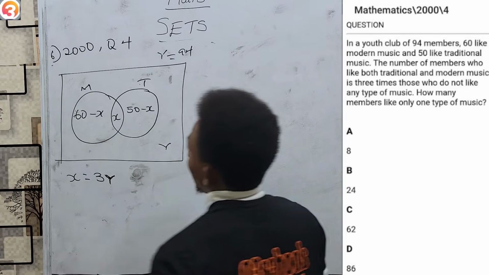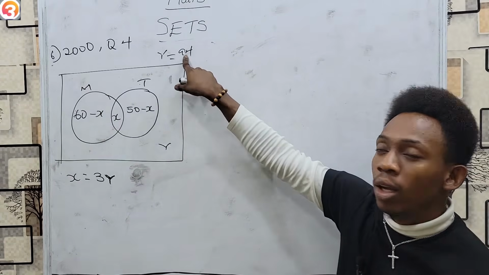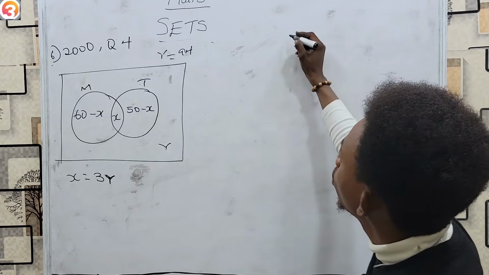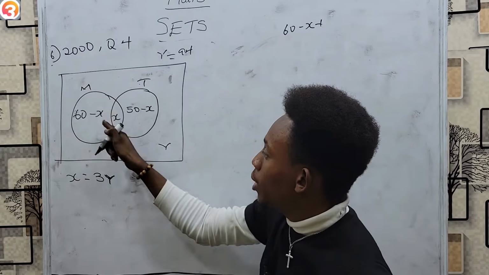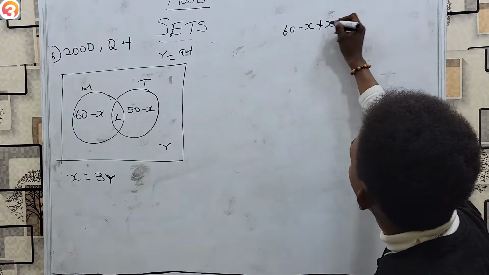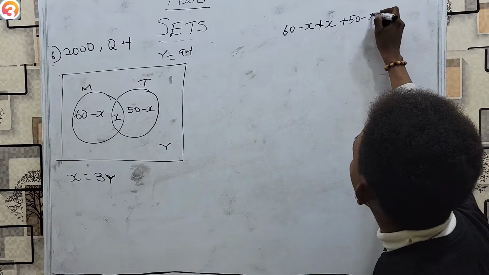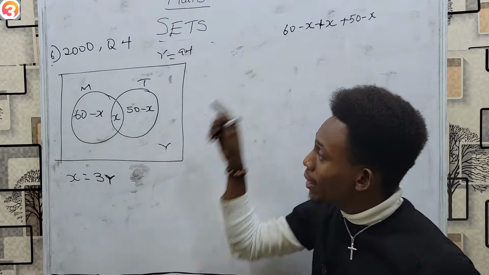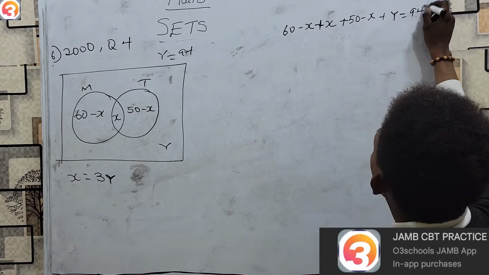So to start my solving, I know that if I add all these people together, I should be getting the universal number, which is 94. So 60 minus x, which is here, plus those in common x, plus those who like traditional only, 50 minus x, plus those who like neither, y equals 94.